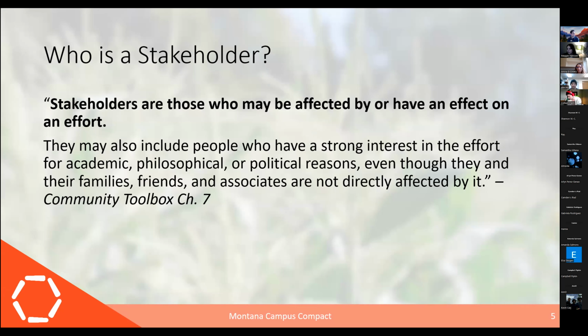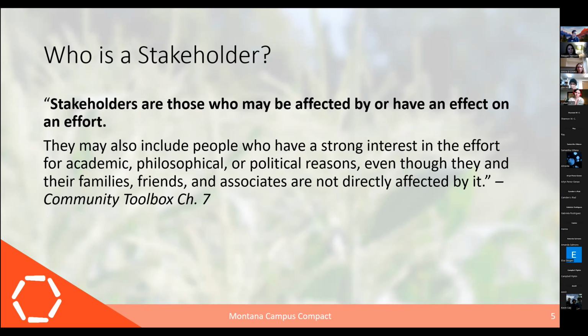In this case, stakeholders are those who may be affected by or have an effect. They also might include people that have a strong interest in the effort for academic, philosophical, or political reasons, even though they and their families, friends, and associates are not directly affected by it.